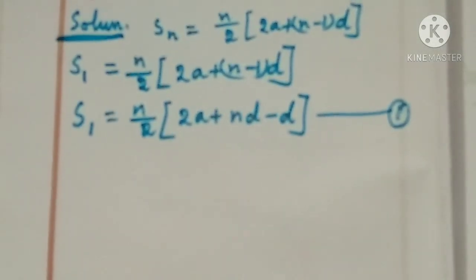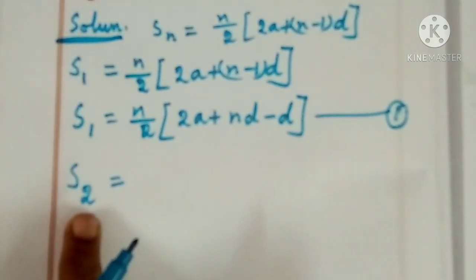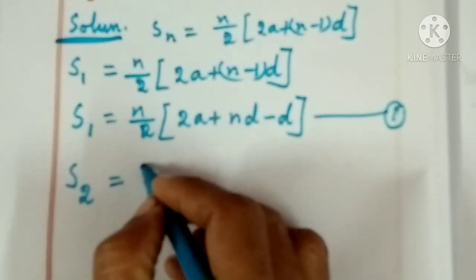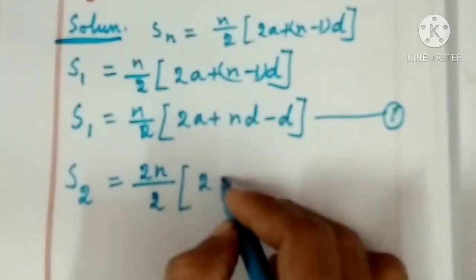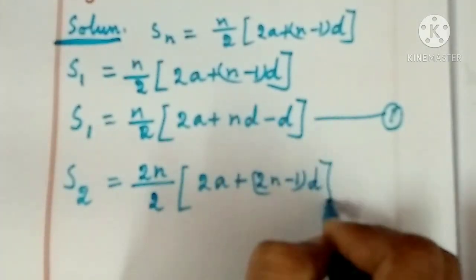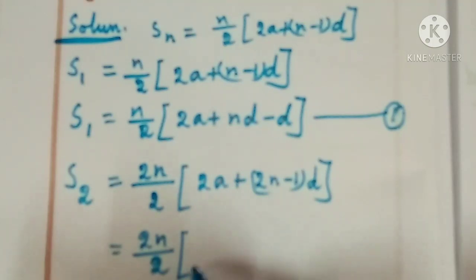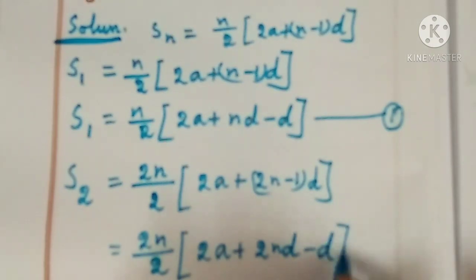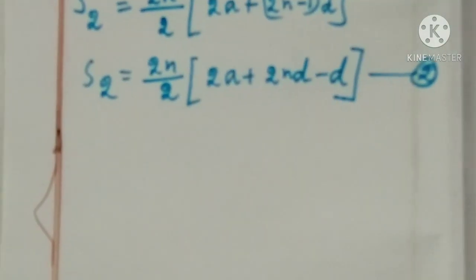Then next you have to write the terms of S2. That is S2 is equal to, S2 contains 2n terms. Therefore, here the value of n is 2n, so 2n/2 into (2a plus (2n minus 1) into d). It can be written as 2n/2 into (2a plus 2nd minus d). Let us assume this as the second equation.